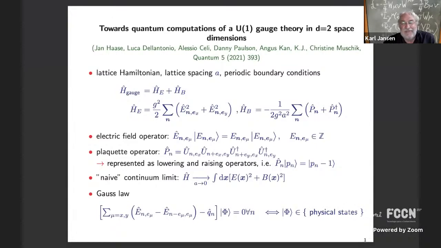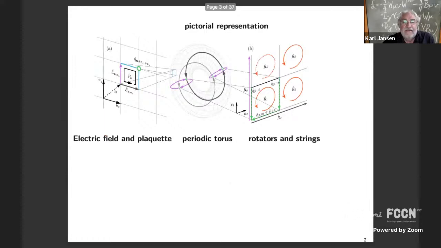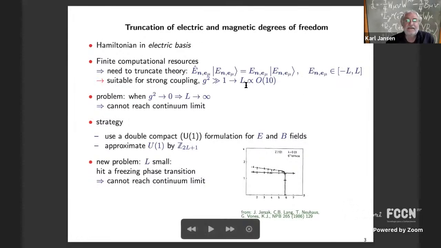I have to admit, something is really strange with my computer today. Yeah, it's here, yes. So what we do, instead of having these eigenvalues go from -infinity to +infinity, we truncate them between -L and +L. Okay? This means that we have 2L plus 1 degrees of freedom for the electric field operator.